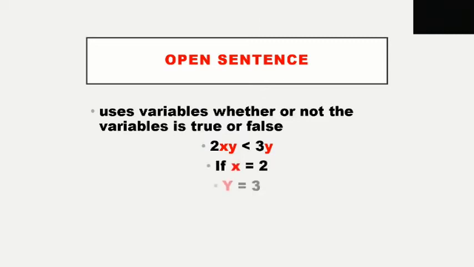If x is equal to 2 and y is equal to 3, then 2 times 2 times 3 is less than 3 times 3. It is actually false, because the left side is equal to 12 and the right side is 9. 12 is actually greater than 9.